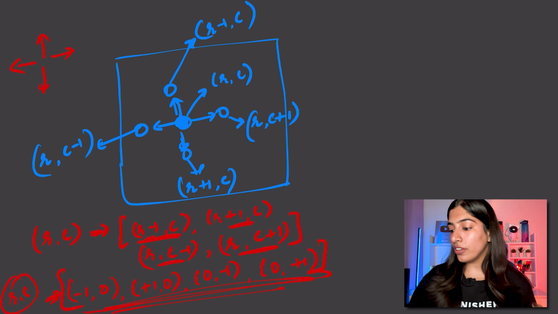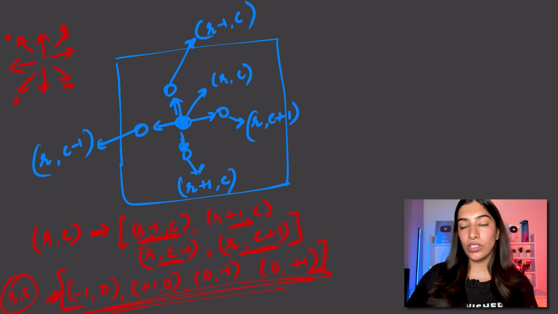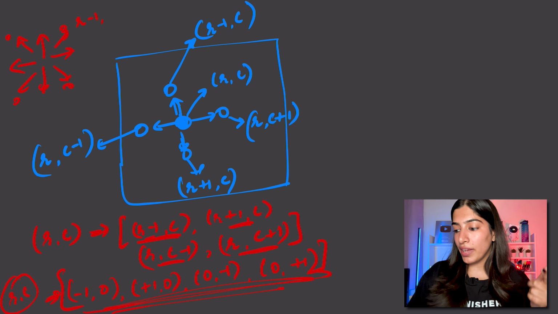Similarly, think about it: if we could have gone diagonally also, what would the values have been? There would be 4 more values, a total of 8. This would have been r-1, c+1. This would have been r+1, c+1. This would have been r+1, c-1. This would have been r-1, c-1.